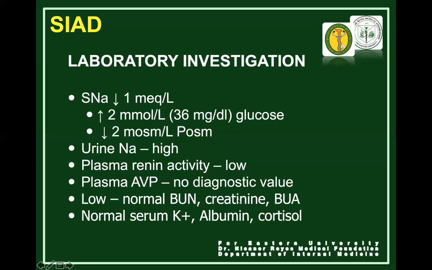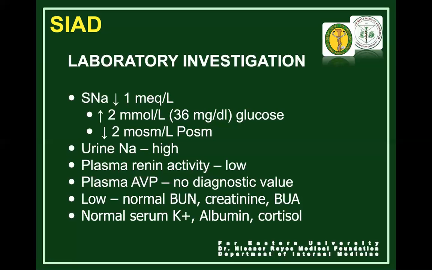Your BUN and creatinine should be normal, and uric acid should be low to normal. Usually the blood uric acid somehow mimics your serum sodium in its level. So usually, to have a true serum sodium level, look at the uric acid.